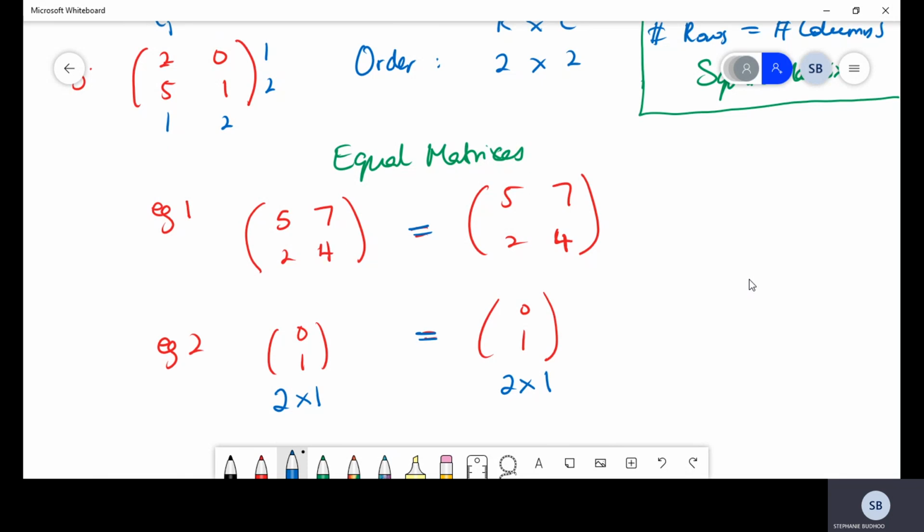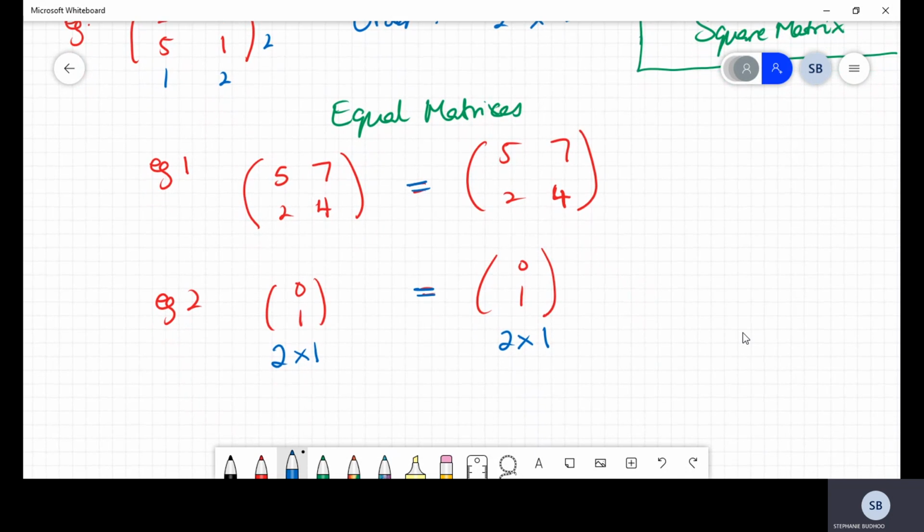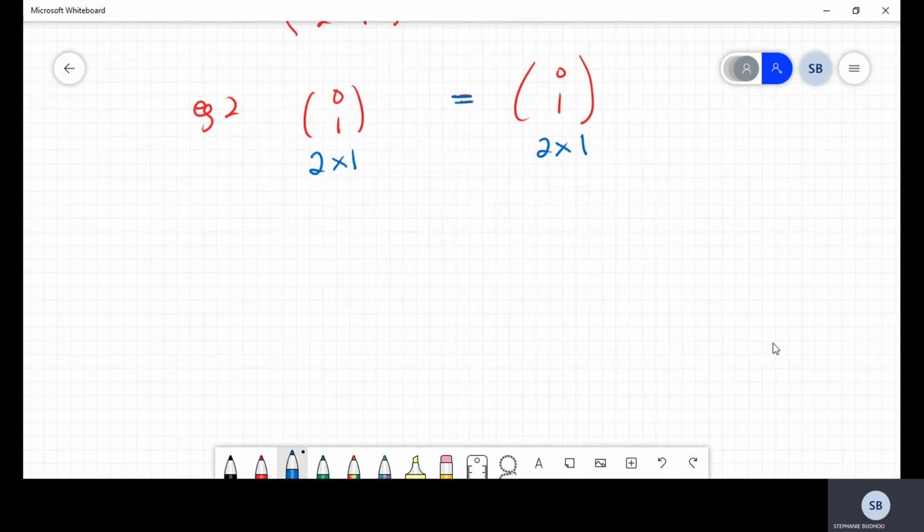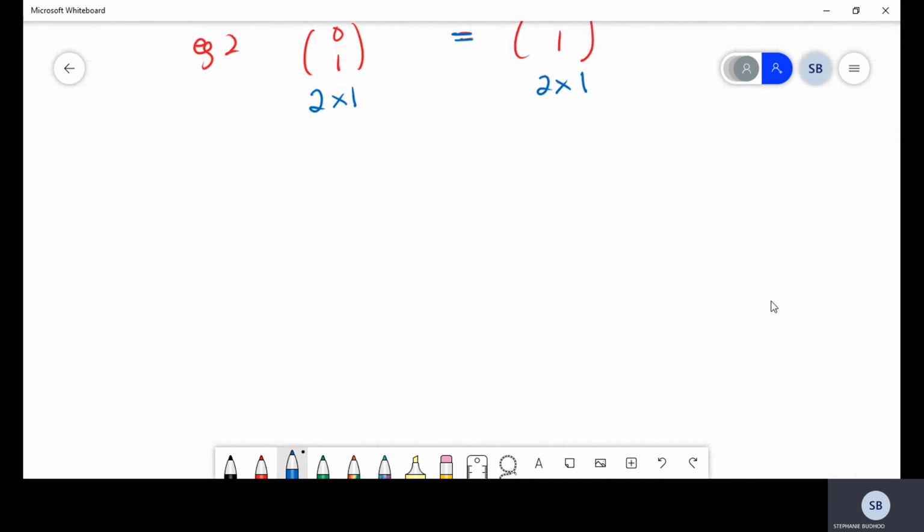And finally, on your basics of matrices that you will be learning today is, what is a zero matrix? What is a zero matrix? All right, well, what does a zero look like? It looks like that.